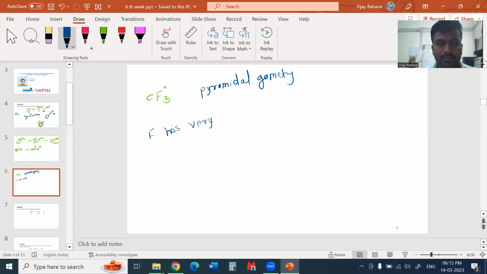Fluorine has the highest electronegativity in the periodic table. Because of this, it prefers to have more s character, in the form of sp3 hybridization.